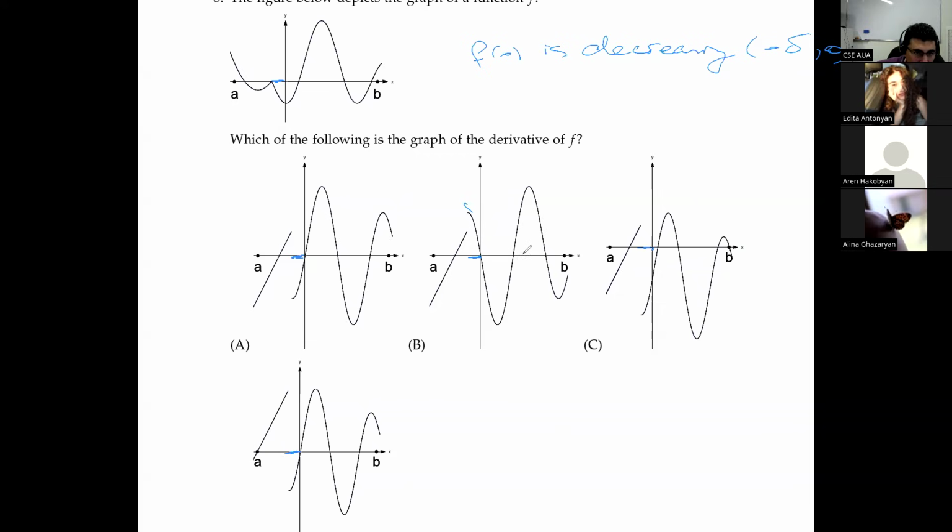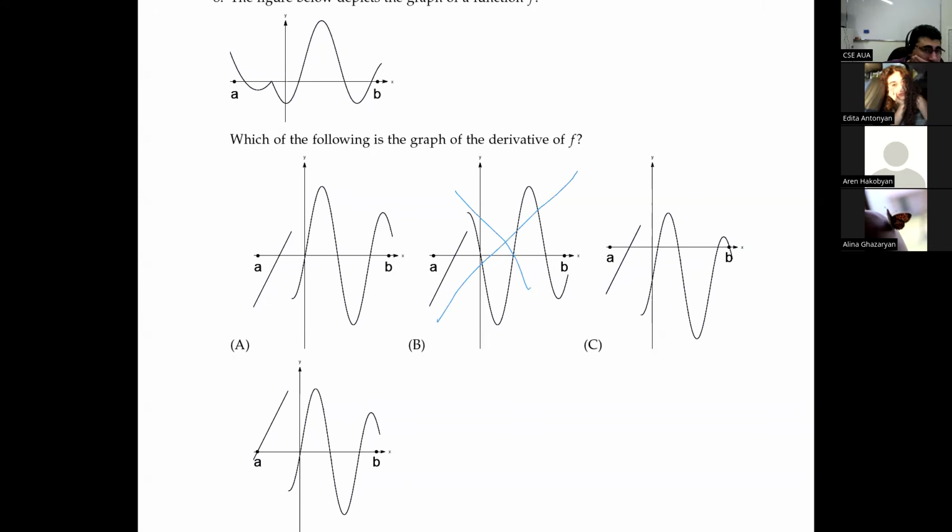So statement B cannot be correct because here the derivative is positive. It should be negative. So statement B we can drop from the beginning.